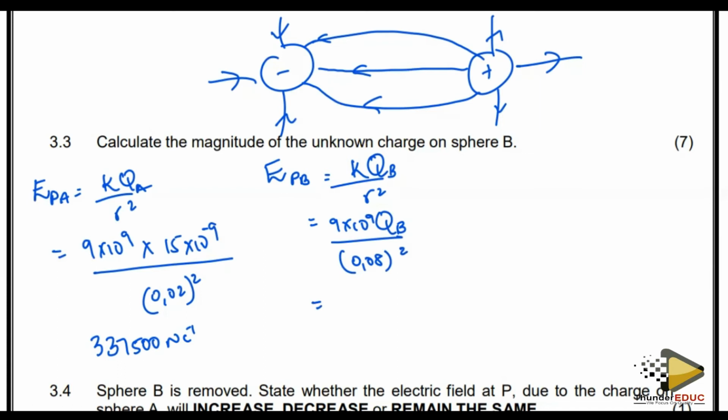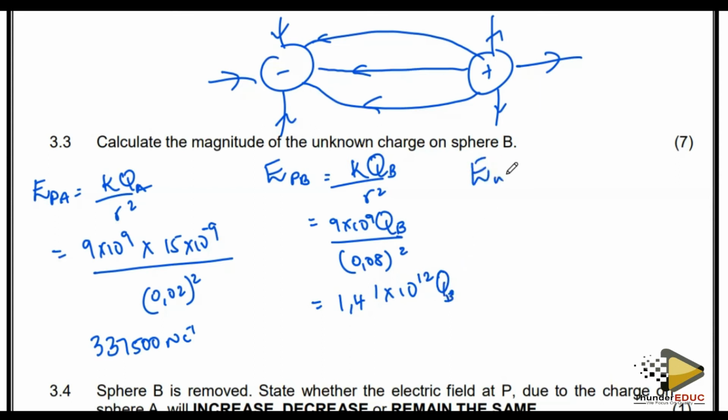Having 0.08 squared. Sure, very big number. Scale, I'll count 1, 2, 3, 4, 5, 6, 7, 8, 10, 11, 12. It's 1.41 times 10 to the 12, times QB.